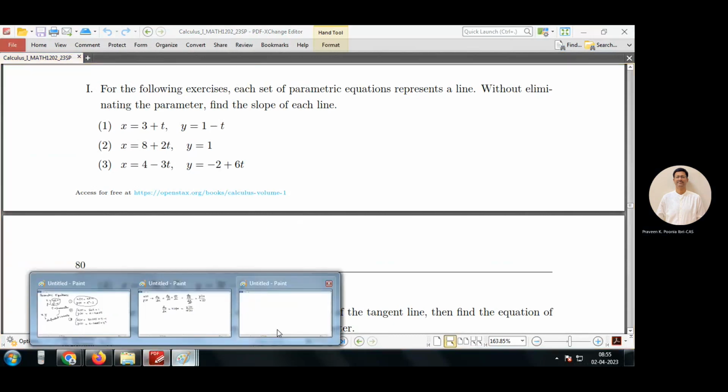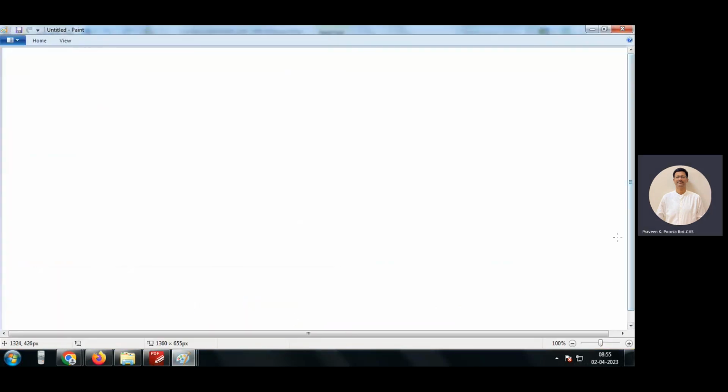So we need to find the slope. Question number 1: x(t) is equal to 3t minus 5, and y(t) is equal to, let's say, twice of t square minus 1. Clear? Parametric equations.